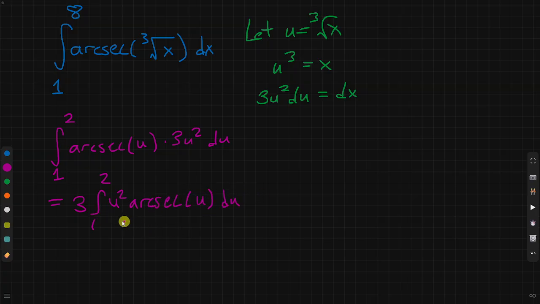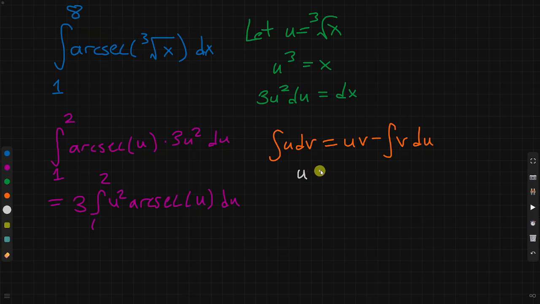All right. Now notice that we can easily differentiate arcsecant of u and integrate u squared. This suggests that we have to use integration by parts. So let's do that. We have integral u dv equals uv minus integral v du. So let's choose our u and dv.